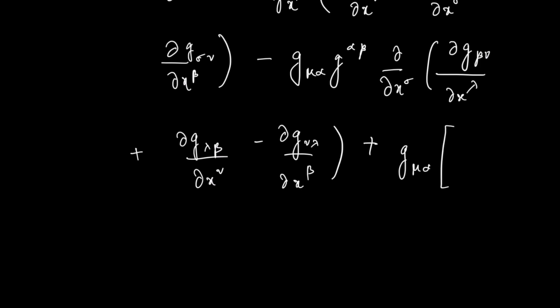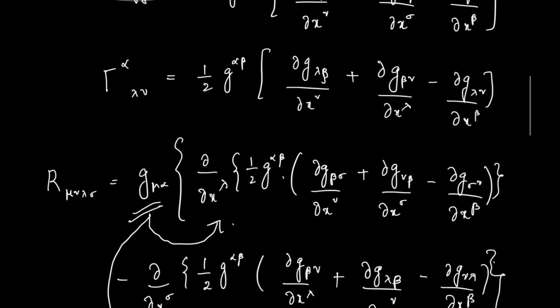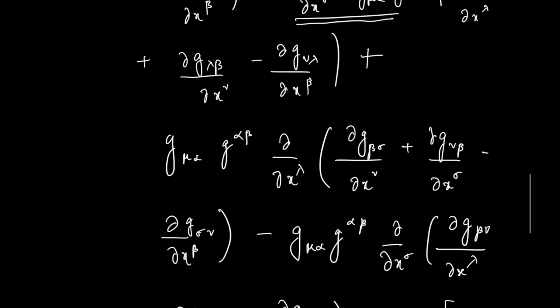I'm not going to substitute anything, so it will be Christoffel symbol rho nu sigma alpha rho lambda minus rho lambda nu alpha rho sigma. Okay, so this is R mu nu lambda sigma.